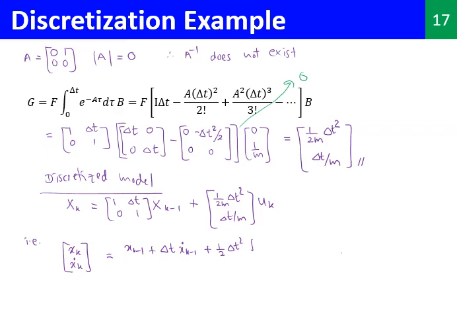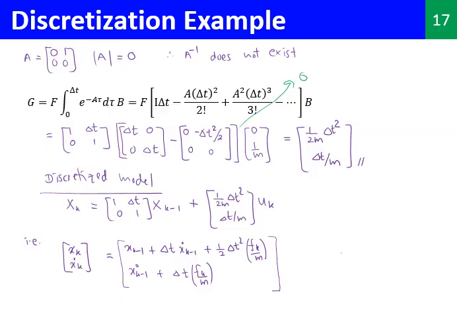Let's take fk for the time being, fk over m. So this is like the acceleration term, and on the second row we have xk minus 1 dot plus delta t times fk over m.